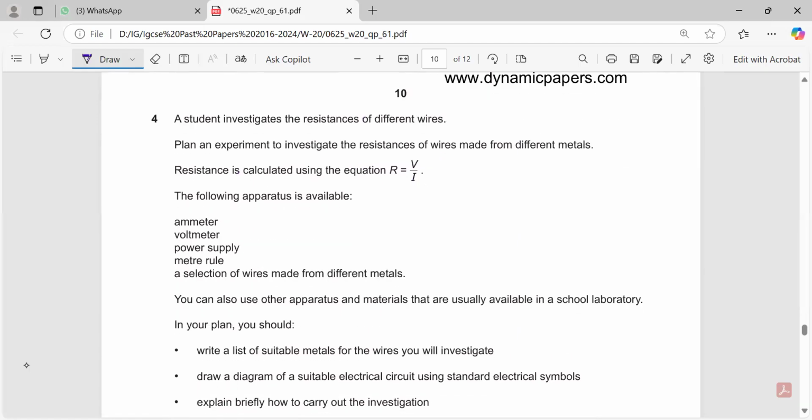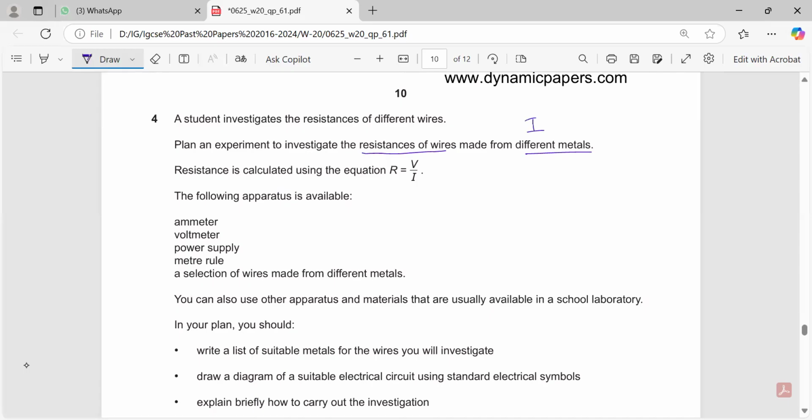Now, a student investigates the resistance of different wires. Plan an experiment to investigate the resistance of wires made from different metals. So resistance and different metals.